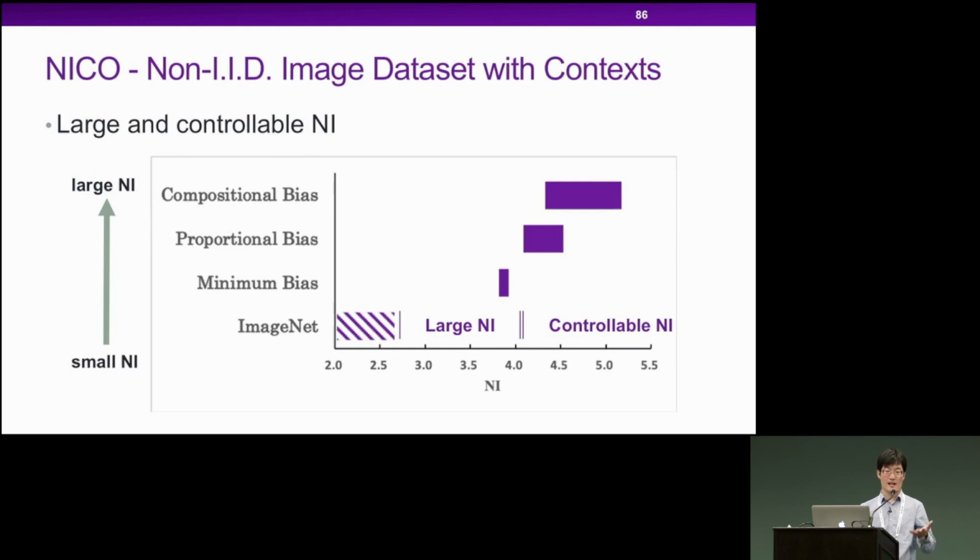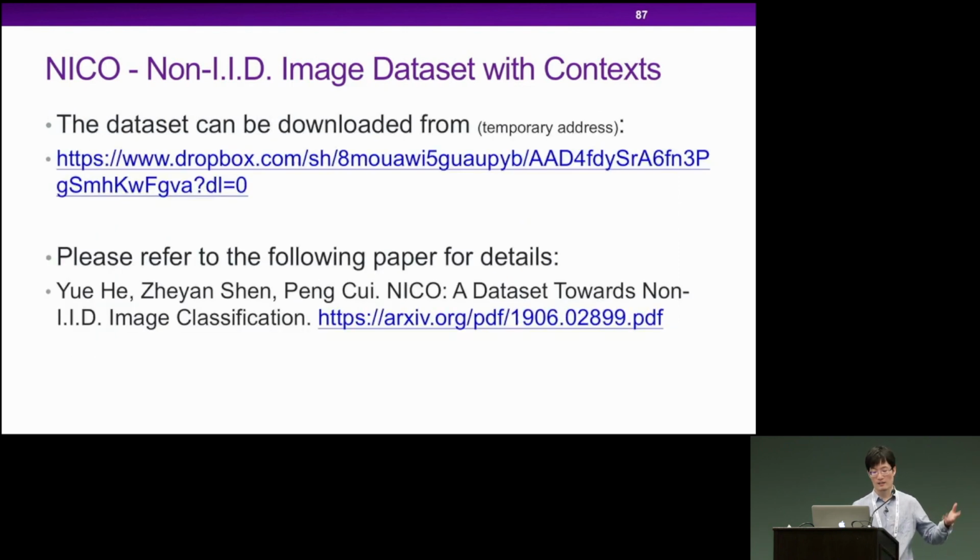So in this data set, we provide all the flexibility for you to generate different kinds of distribution change at different levels. If you are interested in this data set, you can download it from this link. And we also have a manuscript describing the details about this data set.